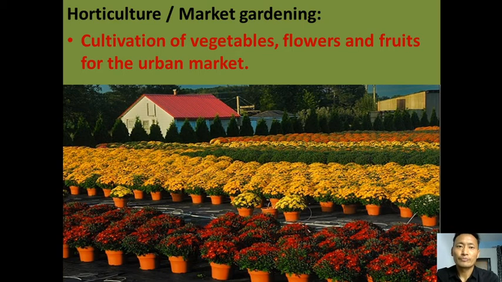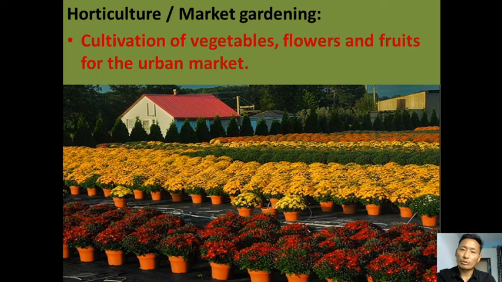Because of that, vegetables, fruits, and flowers are cultivated mainly for urban people. This type of agriculture is called horticulture or market gardening. In market gardening, they are cultivating only three things: vegetables, flowers, and fruits.